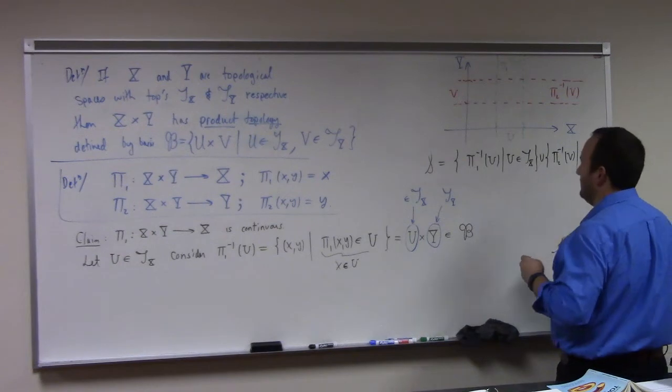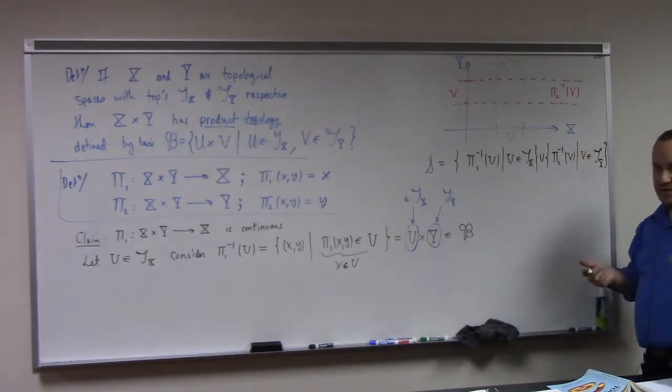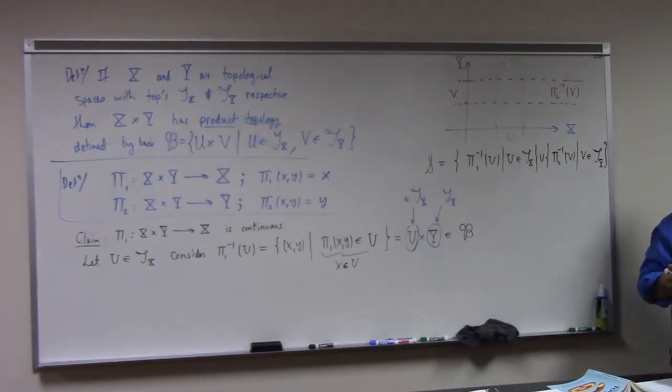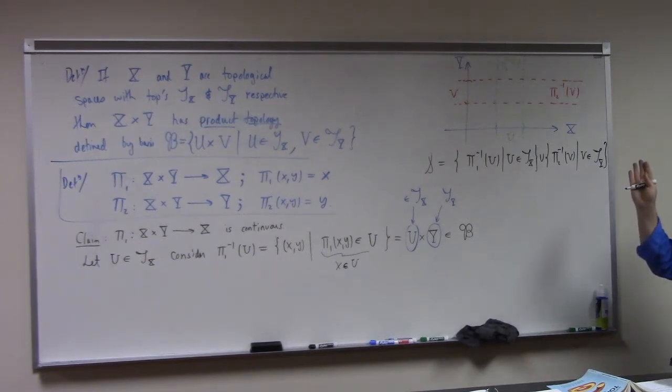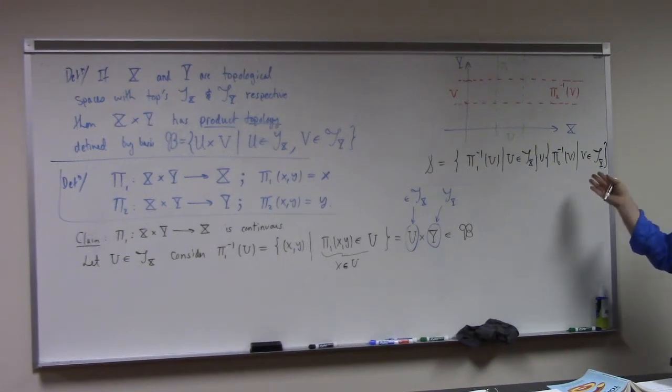This forms a subbasis for the product topology, because the union of these strips gives everything, and that's all it takes to be a subbasis. The topology generated by that subbasis is formed by what? Unions of finite intersections of the subbasis elements.